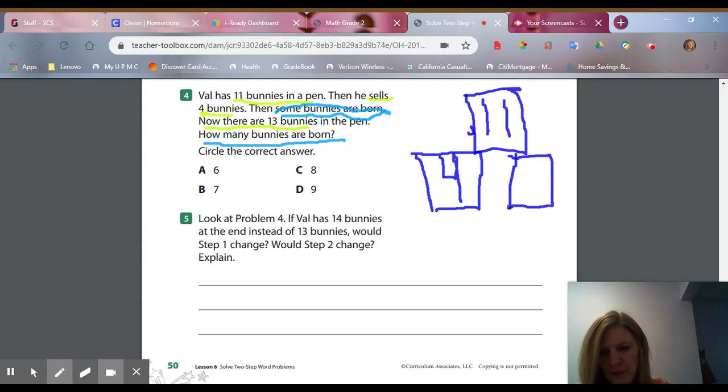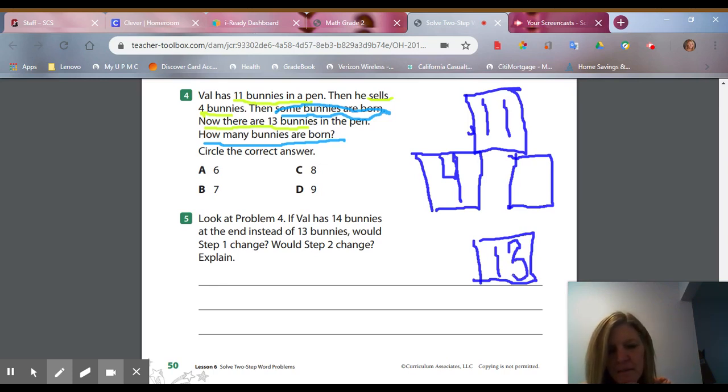Then some bunnies were born. And now there are 13. How many bunnies were born?